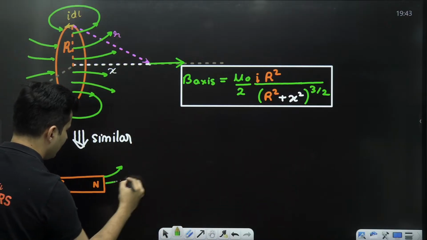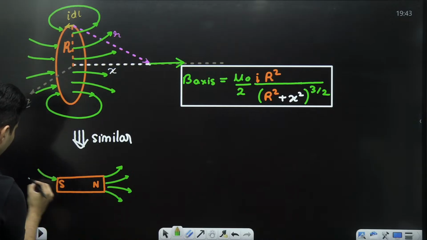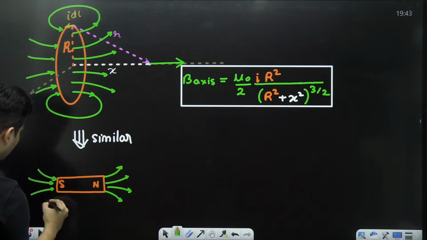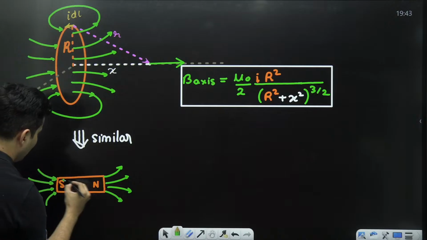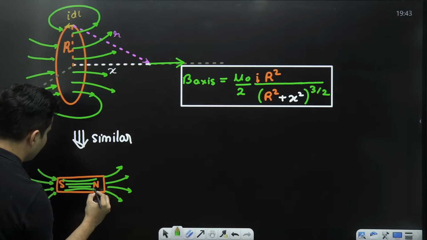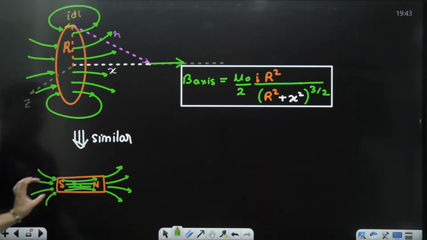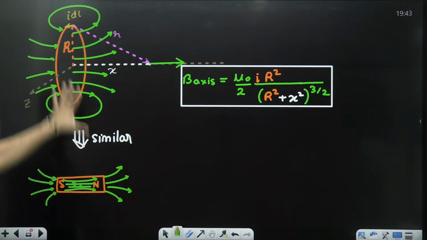Field lines are coming in a very similar fashion. And they continue. It's not like they don't. They continue even inside that magnet. They are very, very similar.